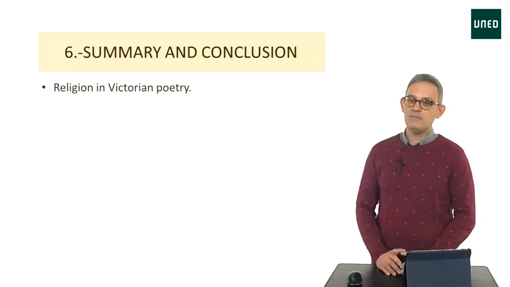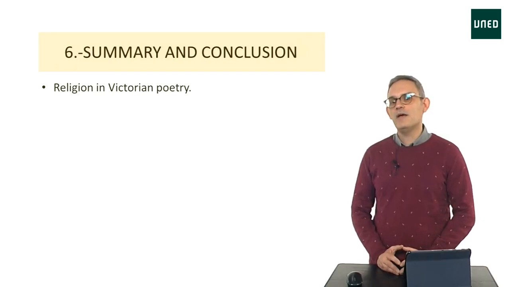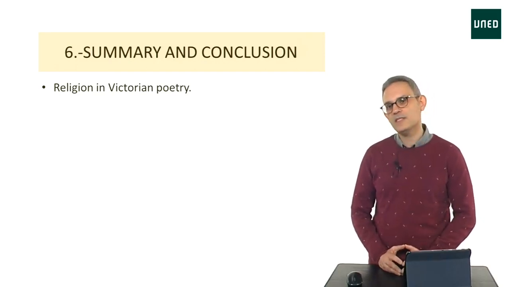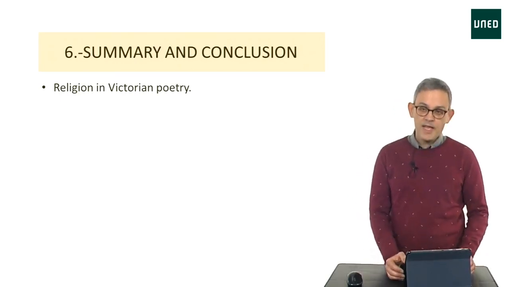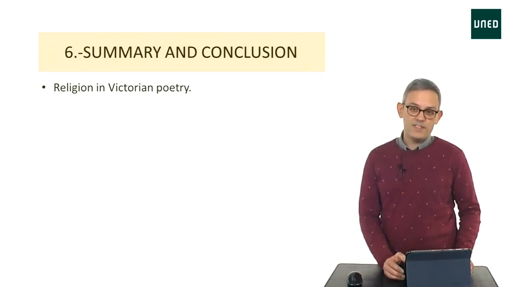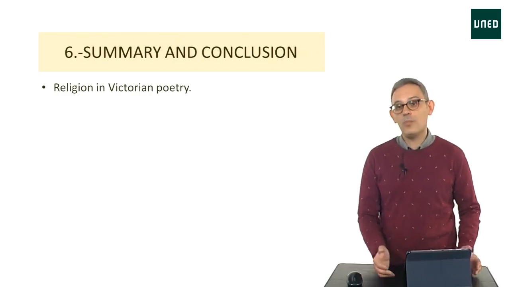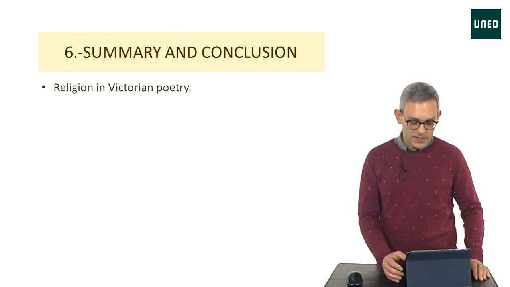And we have the presence of religion ranging from religious doubt in Tennyson, for example, and this religious doubt we could relate to the crisis of Darwinism in religion, and also solid faith. I've just mentioned Christina Rossetti, her poem Uphill, for example, or Hopkins, of course, God's Grandeur, for instance.